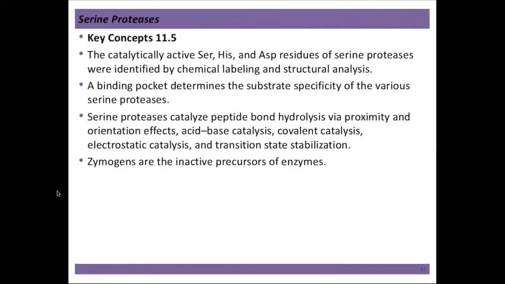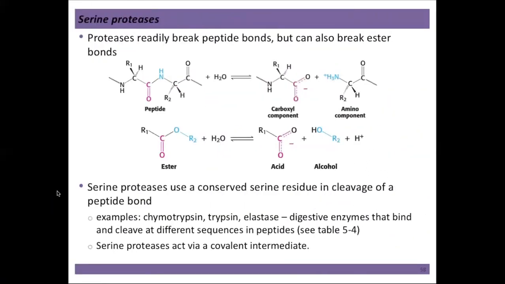And let's look at some other enzymes such as serine proteases. Let's talk about proteases first. They rapidly break peptide bonds, but they can also break ester bonds. You can imagine that they would hydrolyze an ester bond faster than a peptide bond.